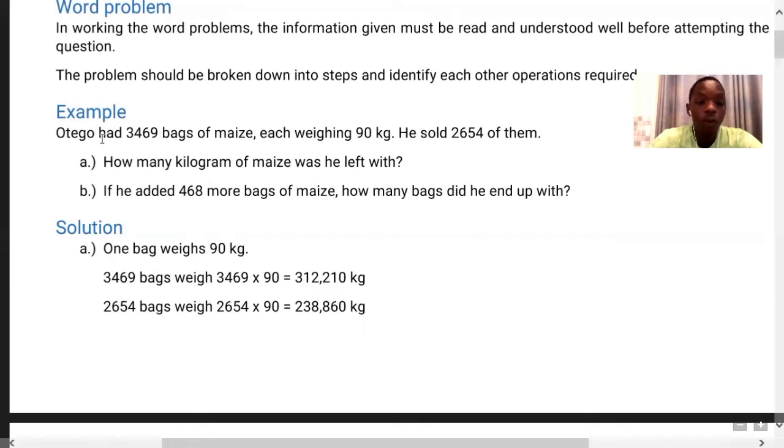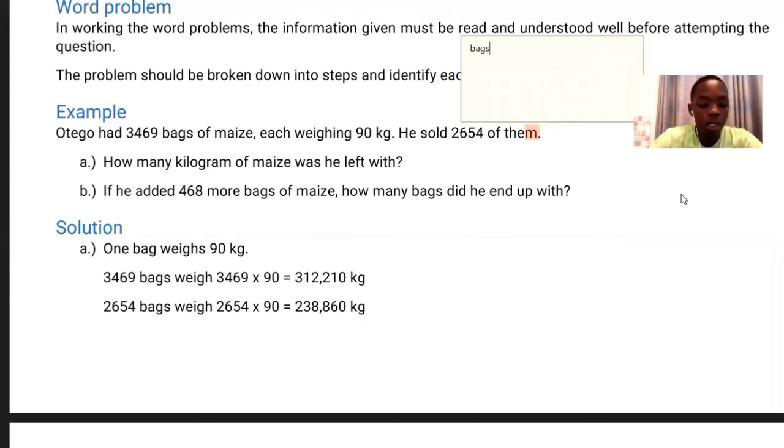First of all, what you want to do is write, let me see if I can add a note, bags he had is equal to 3,469. Let me just zoom in a bit so that you can see. So these are the bags he had.